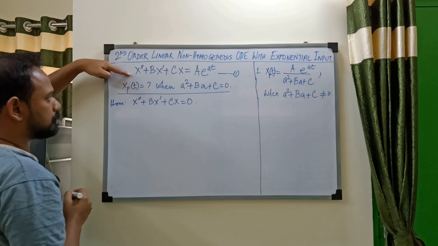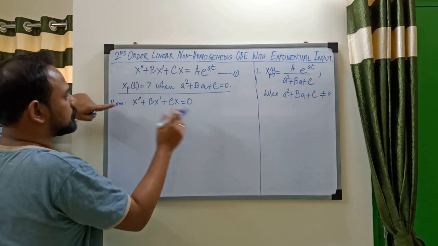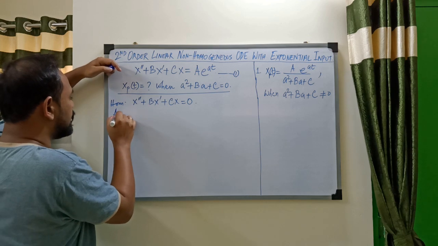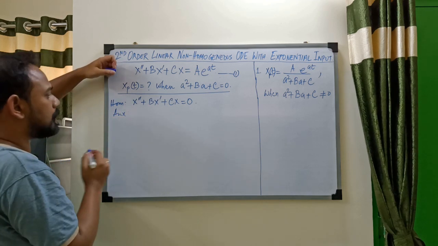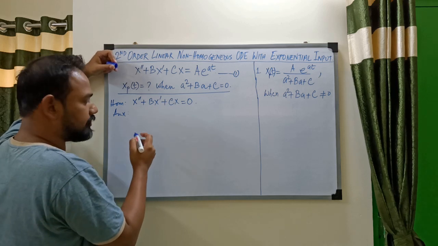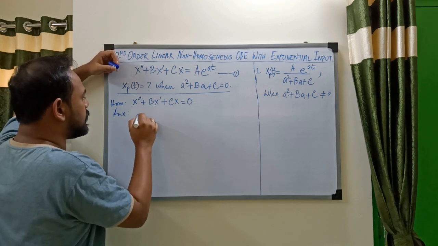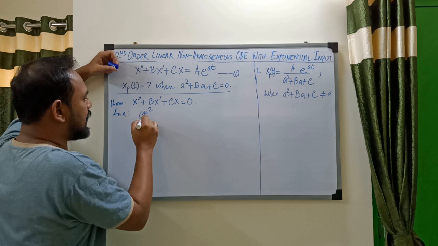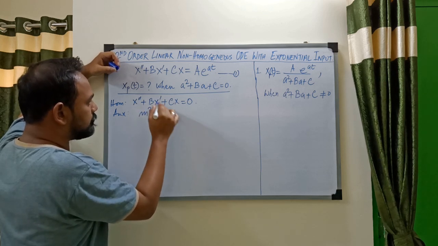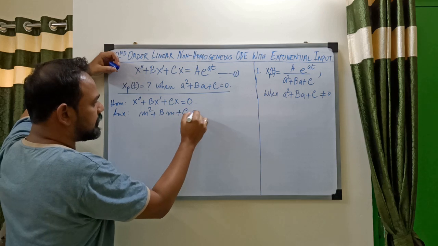That's the homogeneous form, a second order linear differential equation. What's the auxiliary equation of this homogeneous equation? That would be some variable m square plus b m, instead of x prime, plus c equals 0.